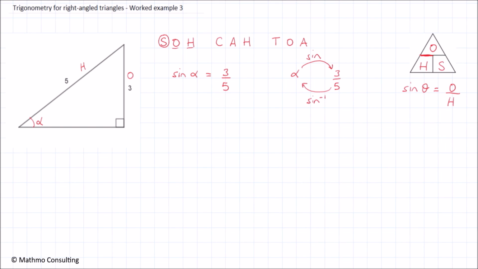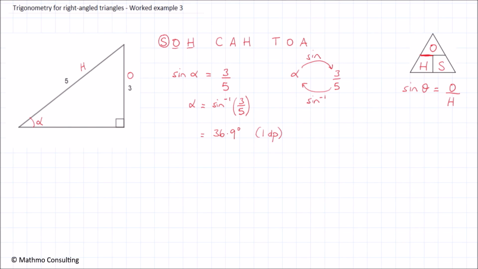So I'll just do that now. Alpha is equal to the inverse sine of 3/5. And I do recommend that you put the brackets around 3/5 before you put that into your calculator. And you will find that the answer is 36.9 degrees to 1 decimal place.